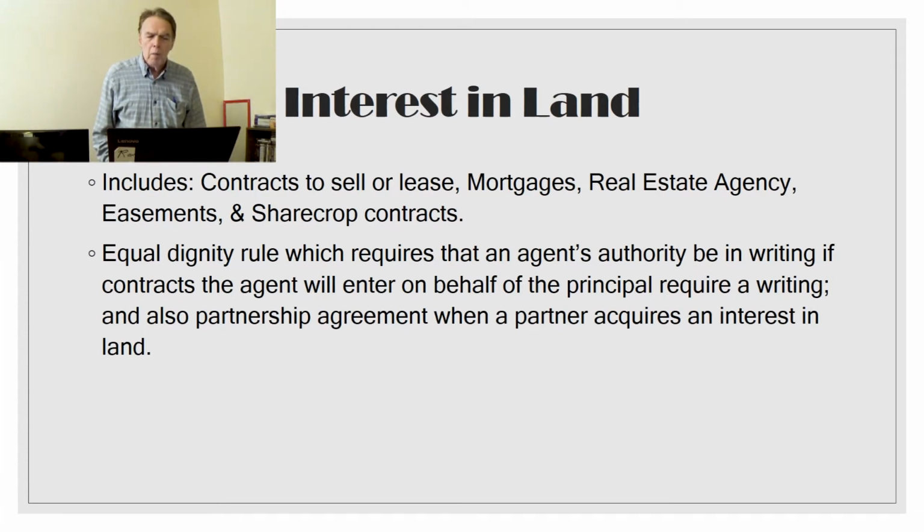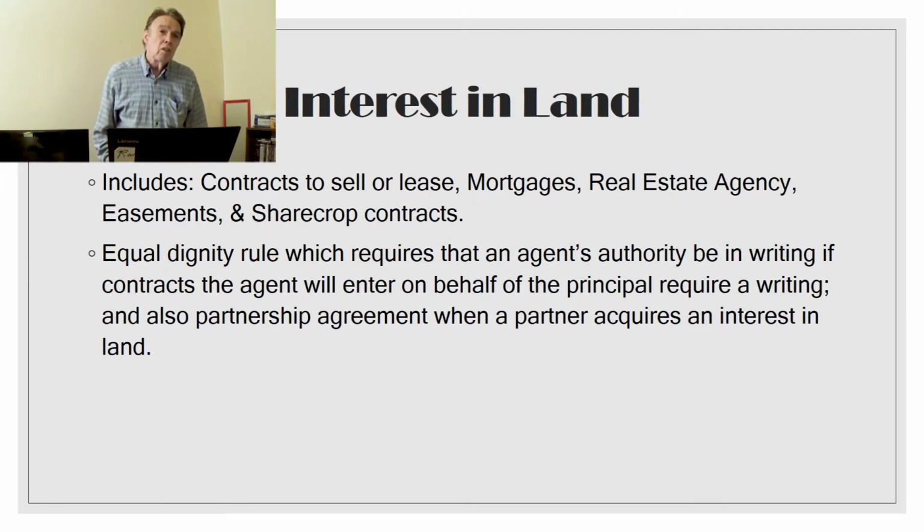land. And also I want to mention the equal dignity rule here. The equal dignity rule requires that an agent's authority be in writing if contracts the agent will enter into on behalf of the principal require a writing. So that's the case. Also, this is applied in situations where you have a partnership, say a lawyer or an accountant or a dentist or a doctor. Oftentimes a professional might enter into a partnership.